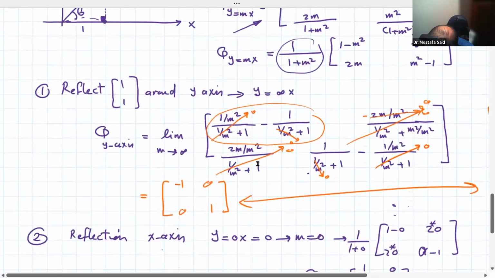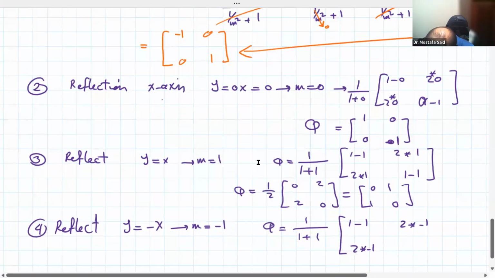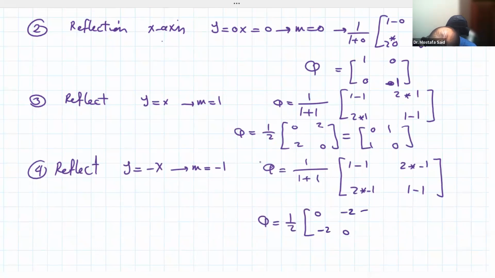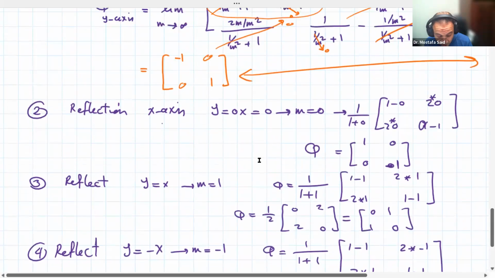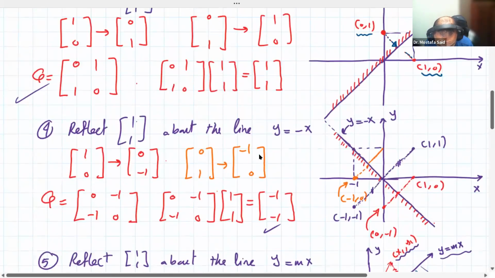Then we have 2m, which is 2 multiplied by minus 1, then finally m squared minus 1, which is 1 minus 1 again, 0. So q equals half of 0, minus 2, minus 2, 0. That's basically 0, minus 1, minus 1, 0. Let's check number 4. Yes, 0, minus 1, minus 1, 0.